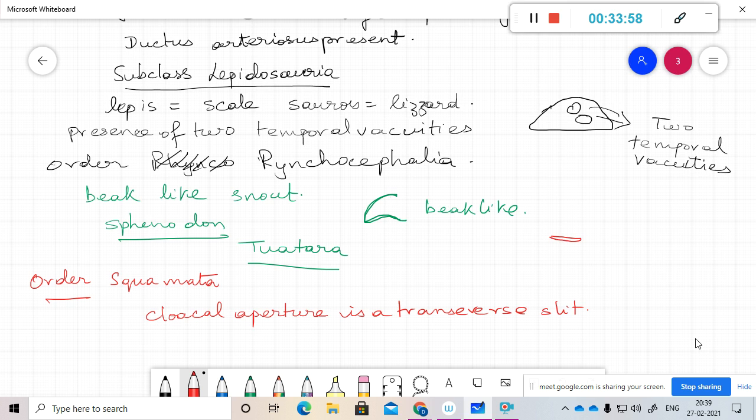Their anus and cloaca form a transverse slit. The cloaca is where waste products come out, and also eggs or the reproductive products. They have a well developed organ of Jacobson.